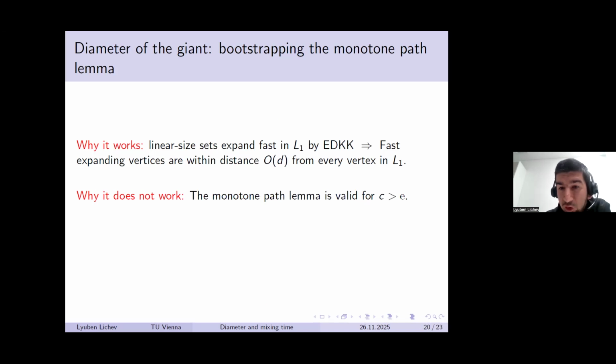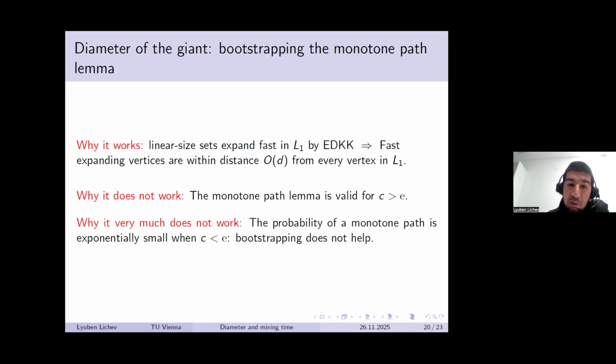But it actually works only for c larger than e. So it doesn't quite take us to the threshold 1, which we would like, because c equal to 1 is the point where a giant component emerges. So we are unable to treat the entire supercritical regime with this observation. And okay, then we could say, but we can bootstrap this monotone path lemma.